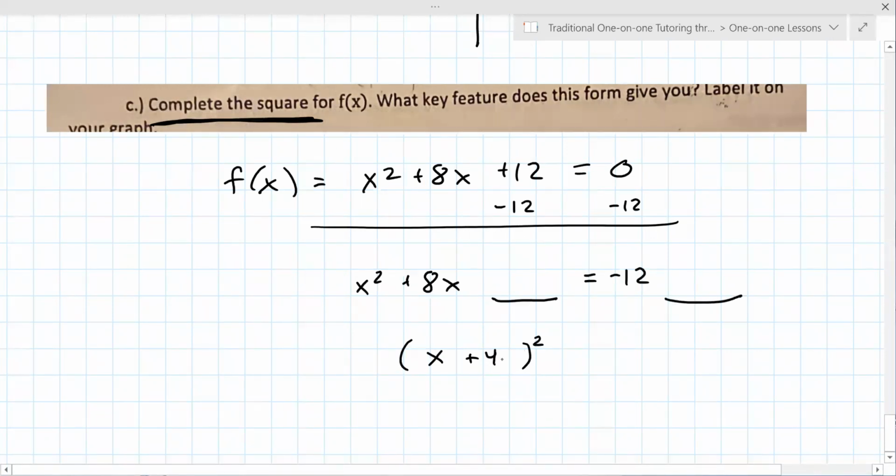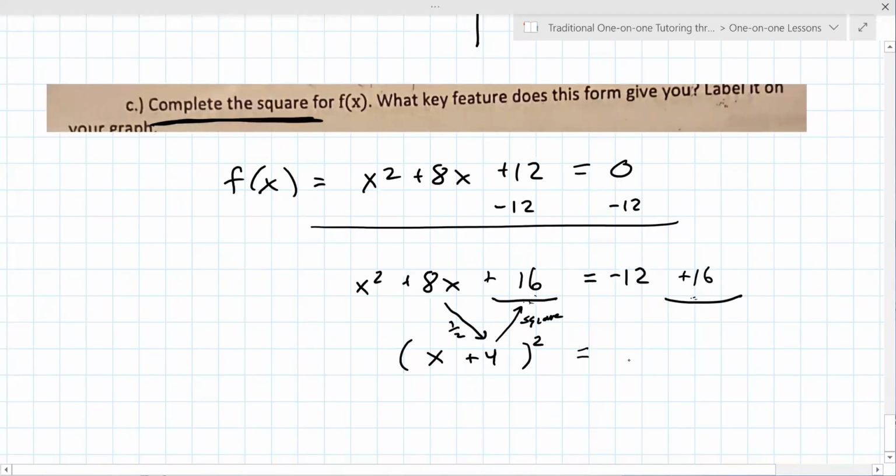No. The 4 is half of 8, and then you square it to get 16. You take 8, half of 8 is 4, and then you square 4 to get 16. But you have to do it on both sides. You have to be fair. You have to give it to each one. Yes, you have to give it to both sides.